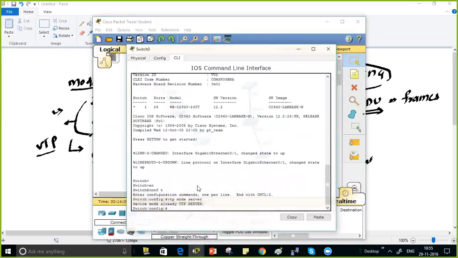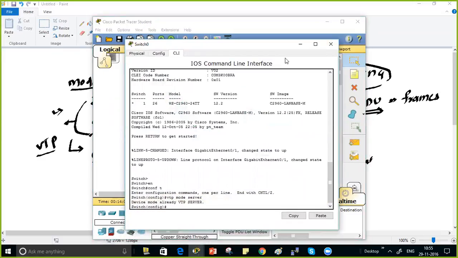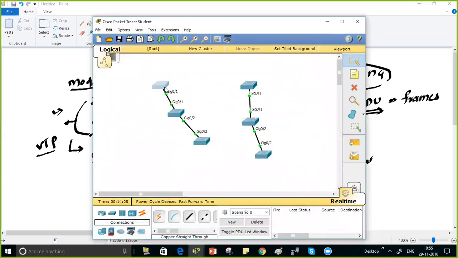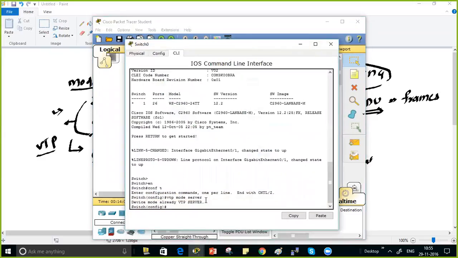Now I have configured another scenario. Here I configured VTP mode server, right? Yes.